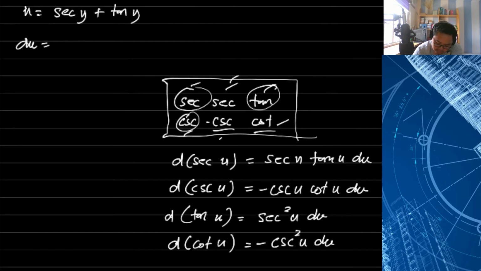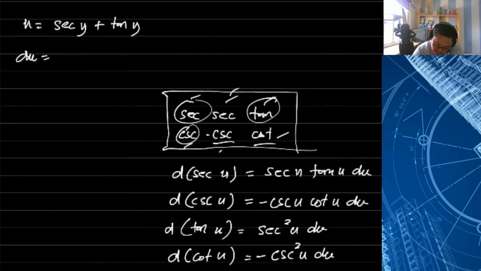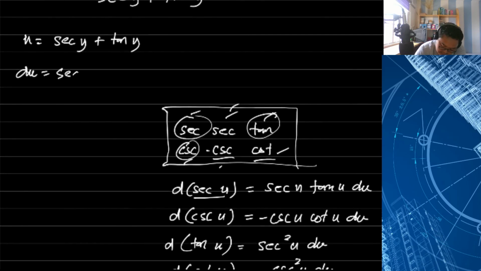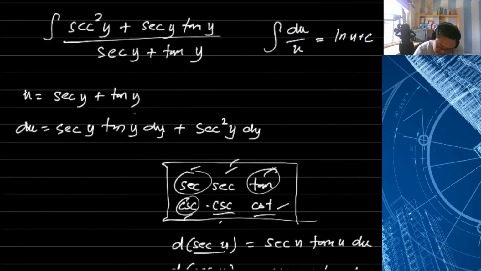So going back to the problem, what is the differential of secant y? Here, secant u, so it is secant y tangent y dy, plus the differential of tangent y, which is secant squared y dy. Did you see that this is equal to the numerator?